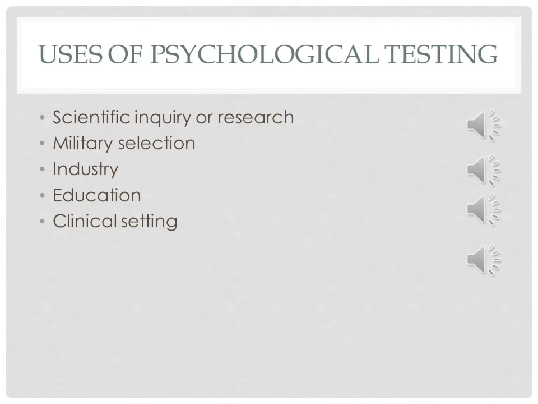The other two uses of psychological testing are in the education sector as well as in the clinical setting. In the education setting, we will be familiar with the psychological tests, especially those of general intelligence and specific aptitudes. Tests can be done to understand the educational classification, selection, and planning of the students within the different grades.